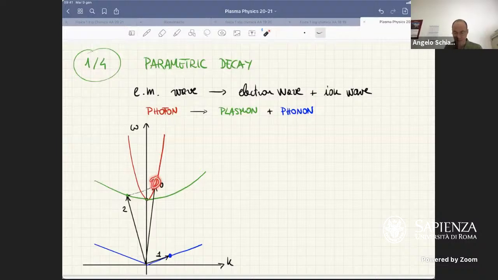If this is incoming on the right, it means that a photon is coming left to right, then what is moving still left to right in the same direction is the photon. So we have a transmitted photon, and instead we have a plasmon here, an electron wave that is propagating in the backward direction. So in this case, we have the incoming photon.